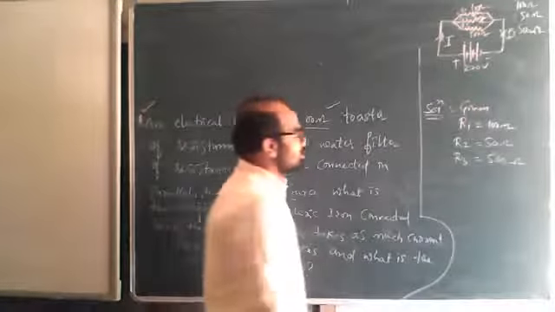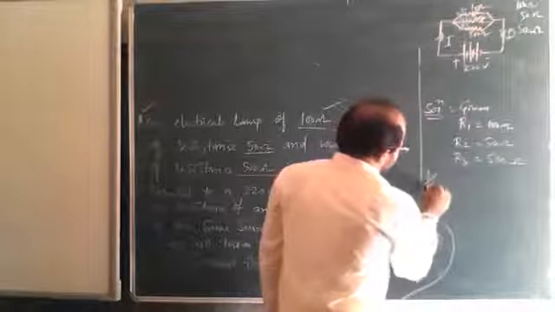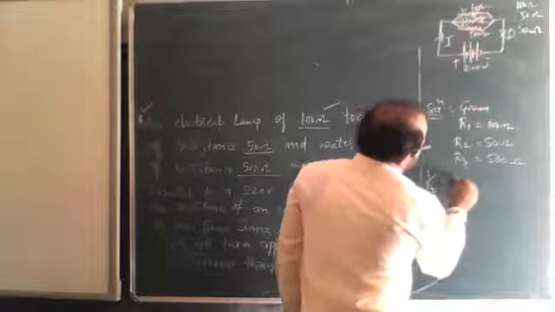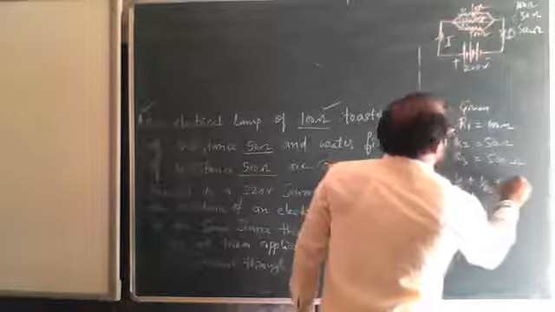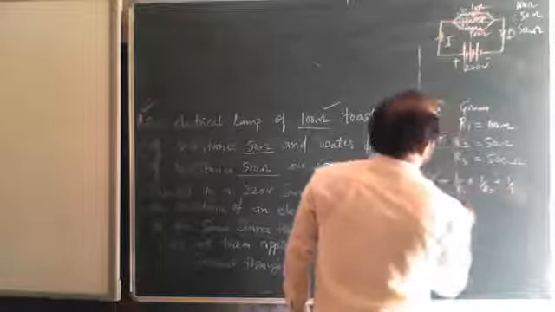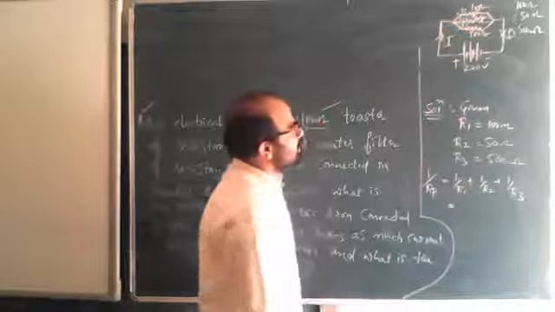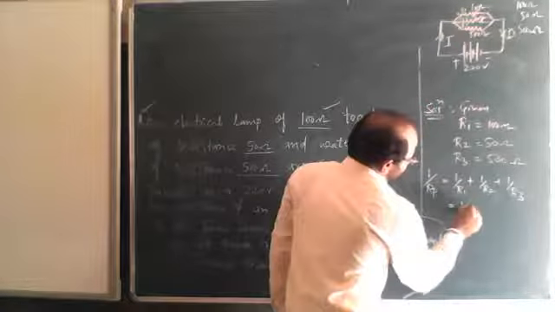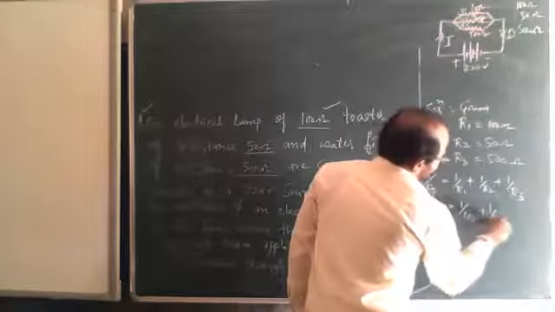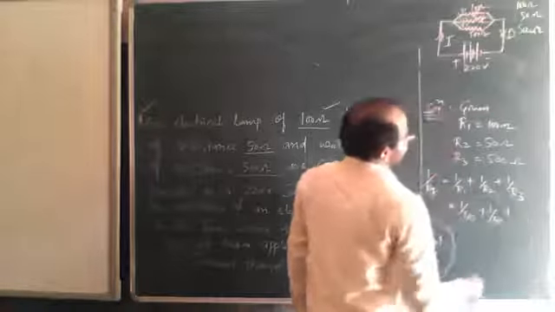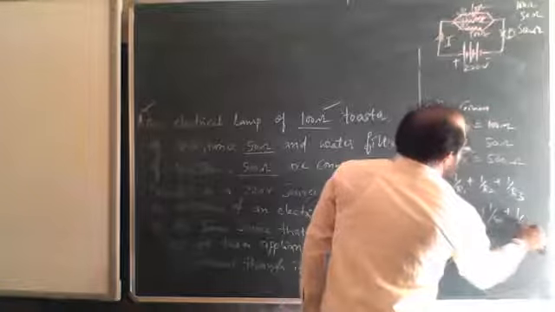We just need to find the effective resistance, that is 1 by Rp is equal to 1 by R1 plus 1 by R2 plus 1 by R3. What is my 1 by R1 here? That is 1 by 100, plus 1 by R2 is 1 by 50, 1 by R3 is 1 by 500.